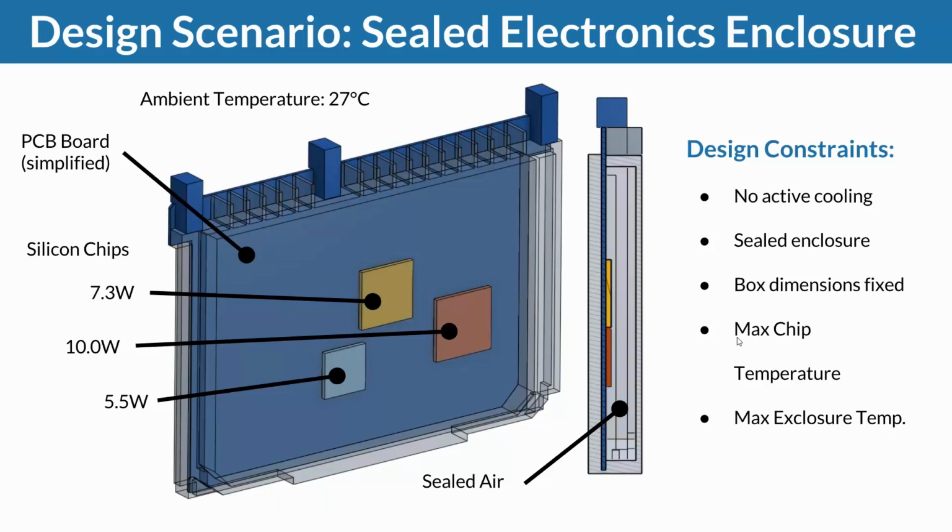Obviously, there's some constraint on where my chips start failing, so I have a maximum chip temperature that I need to respect. And last but not least, we want the enclosure temperature at the outside to also remain below a specific value. In this case, not because it's a handheld device, but because of some surrounding constraints that we have here.